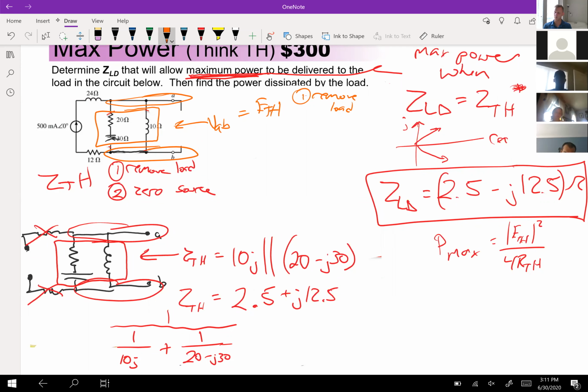The other way I could do it, which is what I'm going to do, is put those in a box. There's my current source, there's my inductor. There's a box that I just drew in orange. There's the resistor. And now that 500 milliamps is what flows through that box. Here's A and here's B.